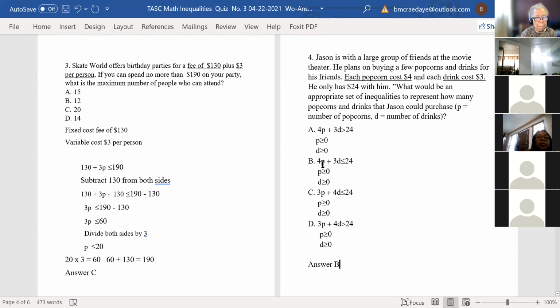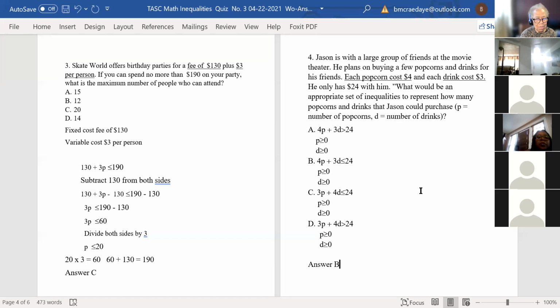What could you put for the number of popcorns and number of drinks to get something less than or equal to 24? I was saying I would put 12, which is 4 popcorn. No, 3 popcorns. 3 fours is 12, right? Okay. How many drinks?